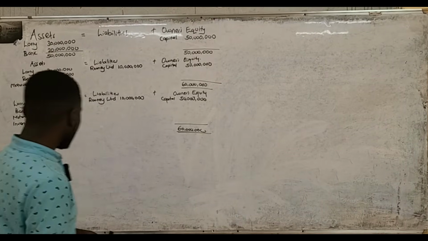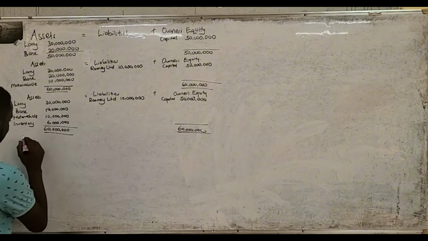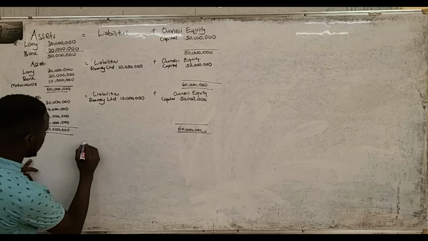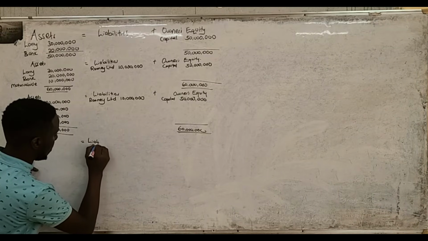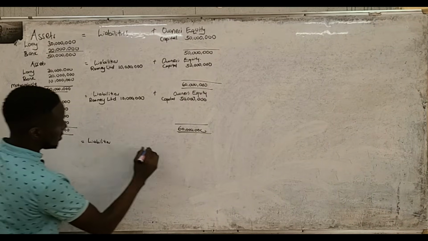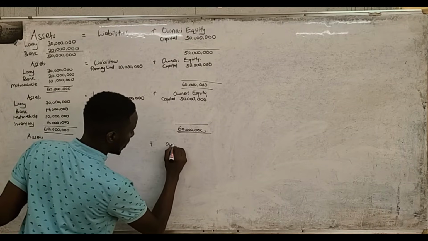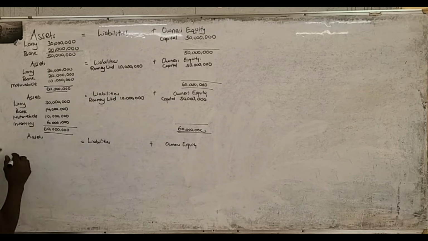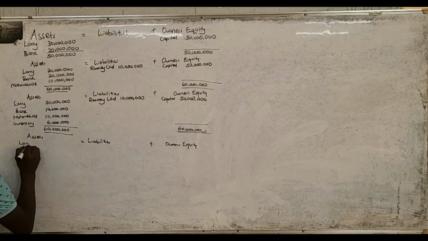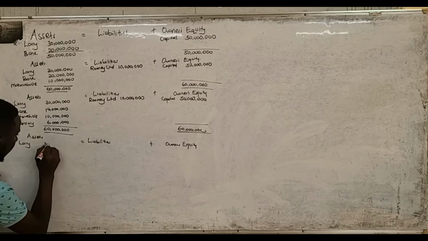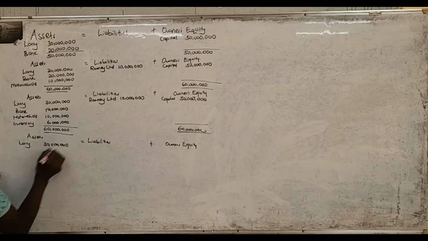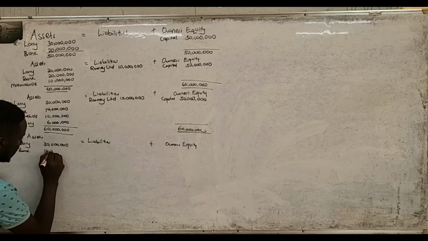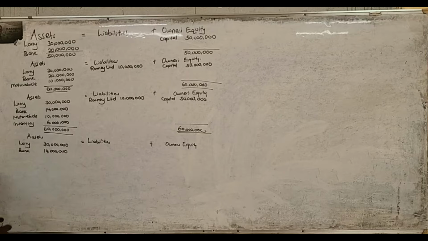Okay, so let's construct our equation again. It is assets equals to liabilities, then plus our owners equity. So we shall begin with our lorry, and our lorry is 30 millions. Then cash at bank, our cash at bank is 14 millions.